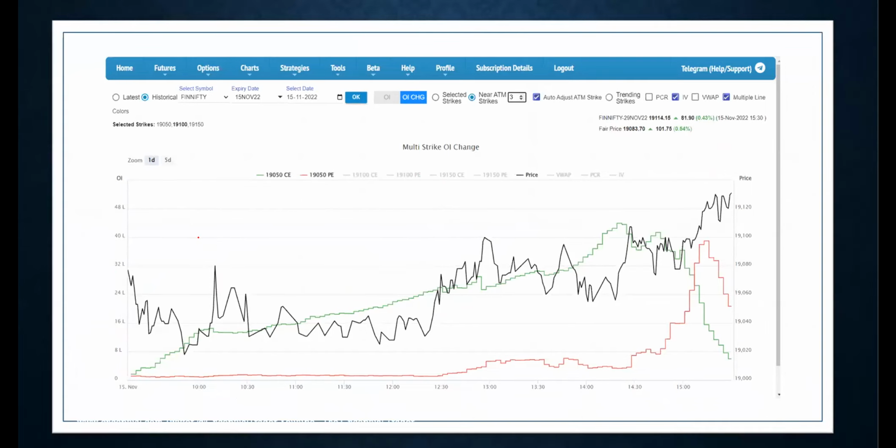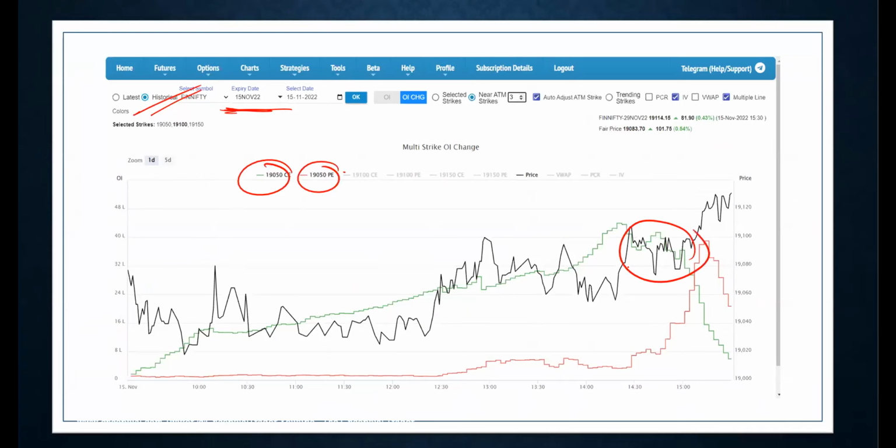I am showing you the screenshot from iCharts, where you have the historical data also. So you can see historically the FinNifty 19050 call and put options on the day of expiry, which was the 15 November expiry. On 15 November, how they were behaving at around this point.